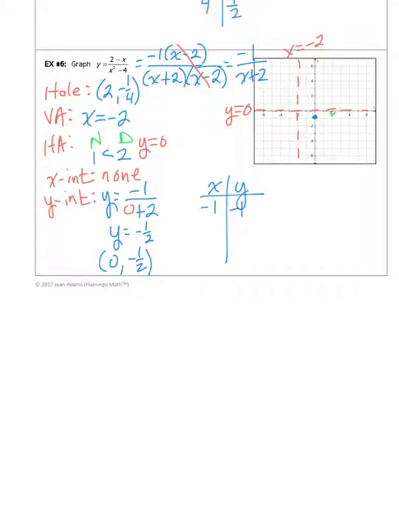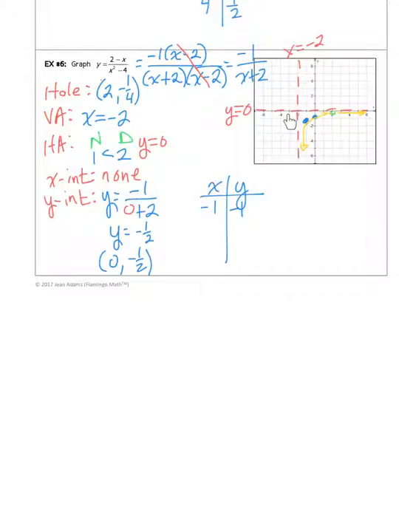So at negative 1, negative 1. It's going to look like these two are really close. Based upon my hole and these two points, I'm going to have a branch that looks like this. Then I have to figure out whether my other branch goes here, or over here. I'm guessing it's going to be over here.